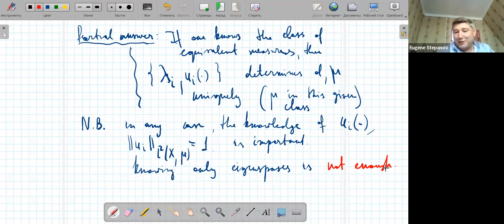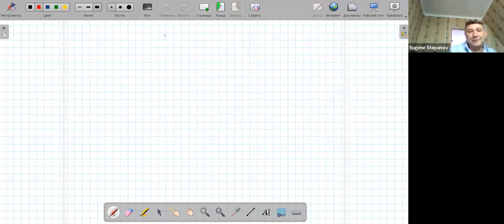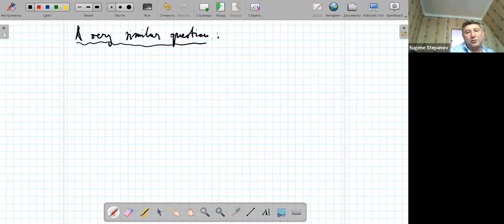Well, just probably to finish, let me restate more or less the same problem, very similar to what I have told. Actually, the two are pretty much related. So suppose you have this metric measure space (X, d, mu).